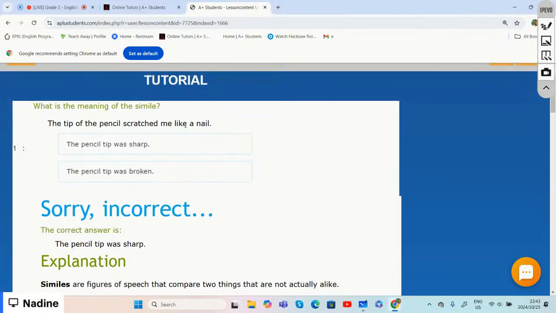And before we end, here are three more examples. It says, the tip of the pencil scratched me like a nail. What does that mean? Does it mean the pencil tip was sharp or the pencil tip was broken?